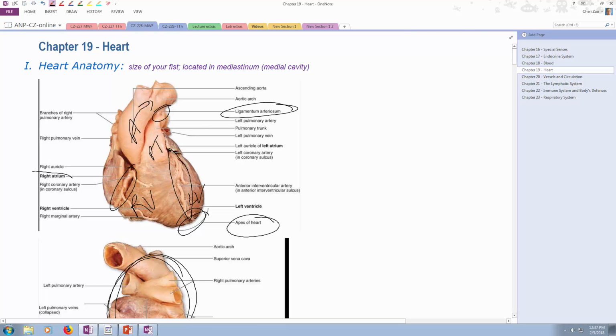Right here, this talks about the right atrium, RA, right atrium. The right atrium has an ear on it, has a flap. Aren't your ears kind of like flaps? And so that auricle is that flappy part. So the auricle is just an anterior manifestation of the right atrium.